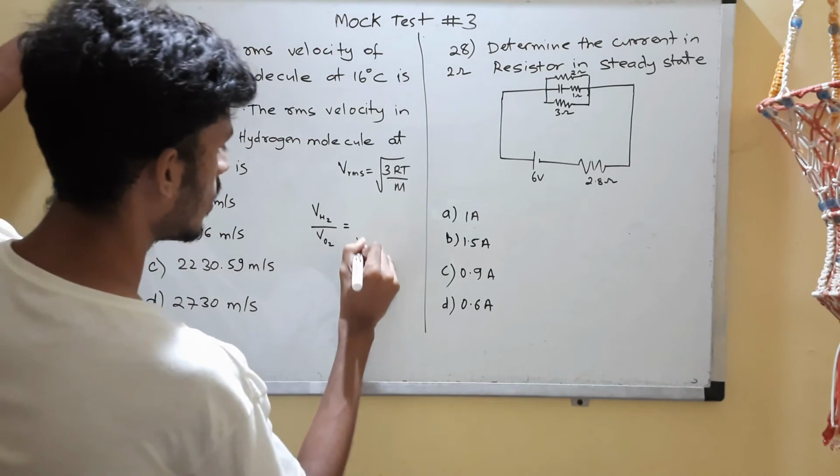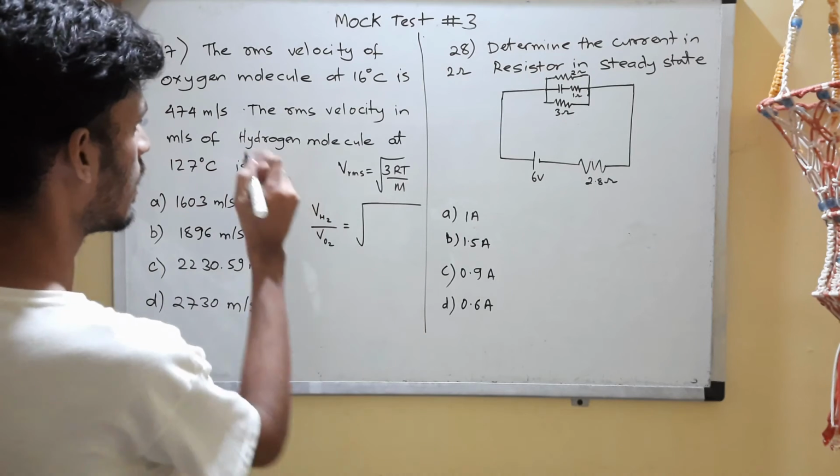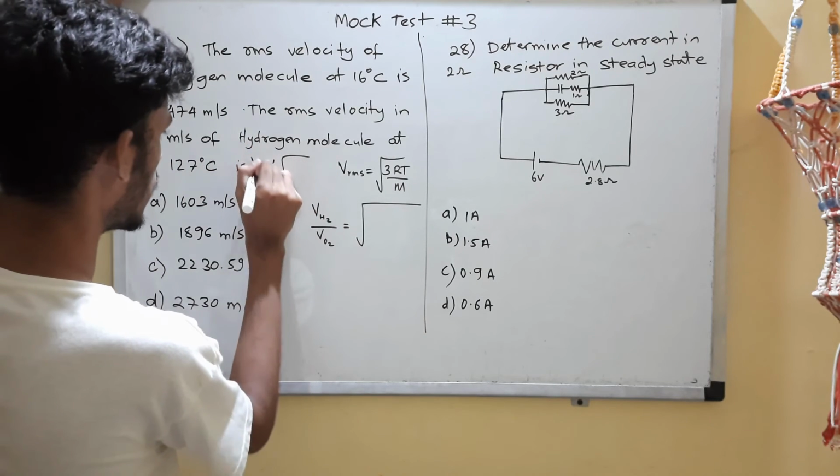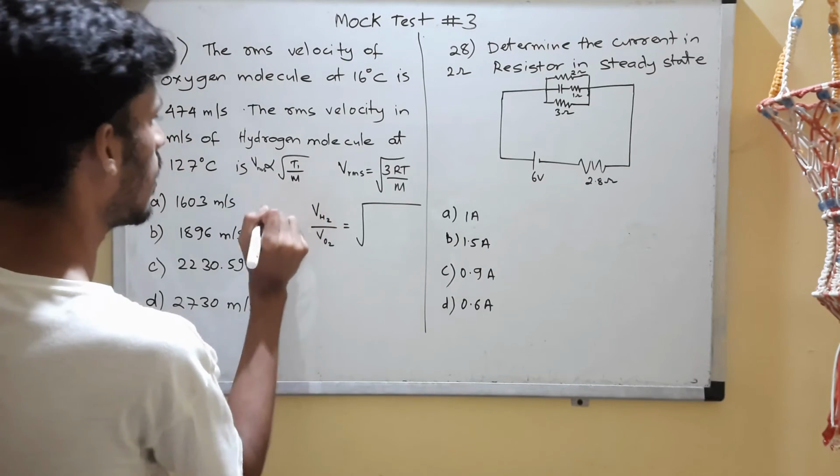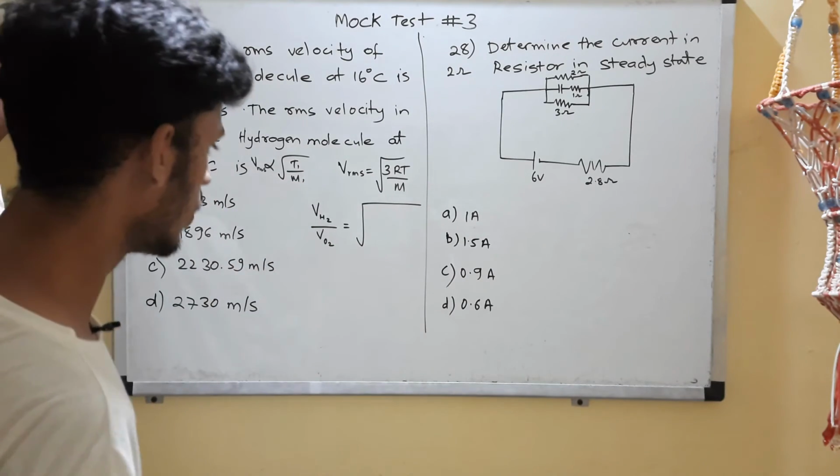So this ratio will be simply, if you see, Vrms is directly proportional to the root of temperature, and it is inversely proportional to the molecular mass.